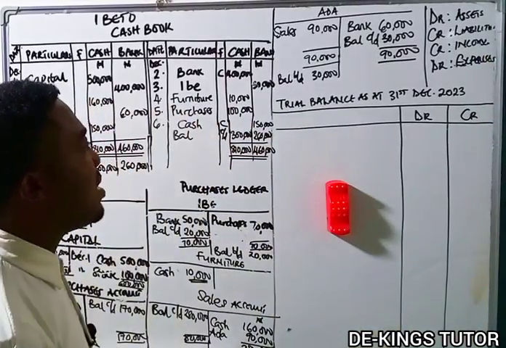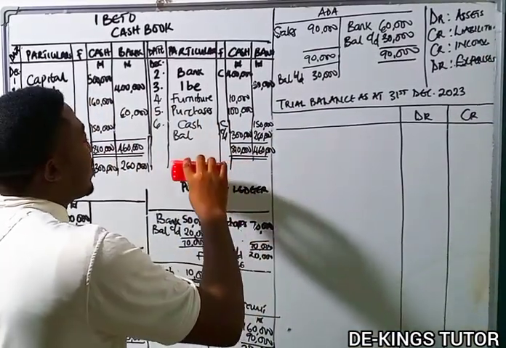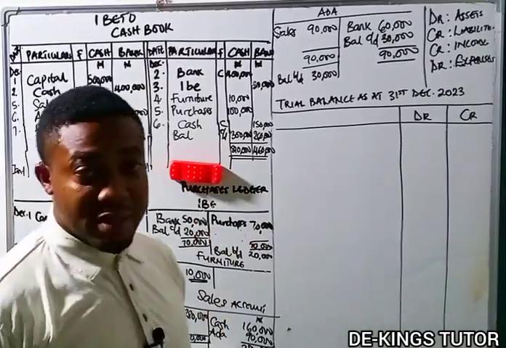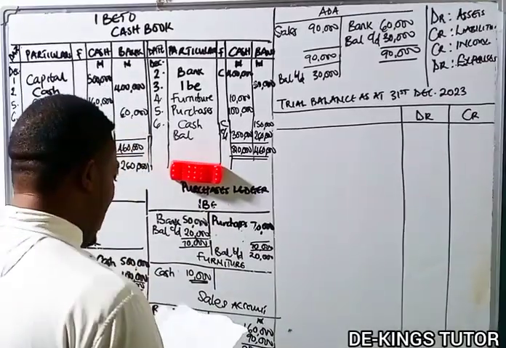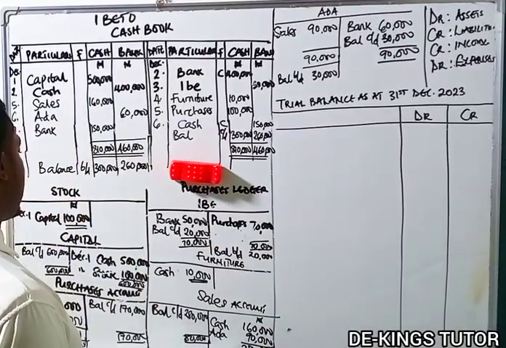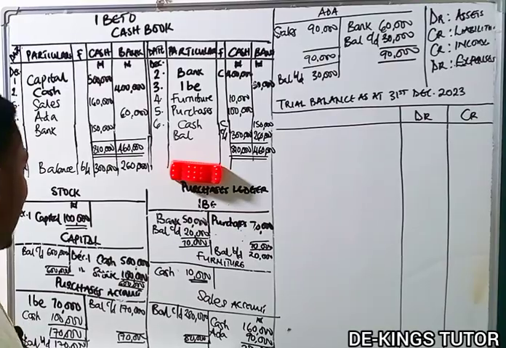Okay, debit all assets, credit liabilities, credit income, and debit expenses. Okay, so that is the rule of the trial balance. So we are going to use these things we have prepared thus far to do that.